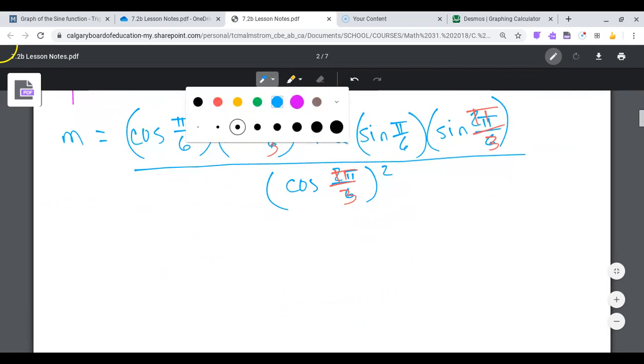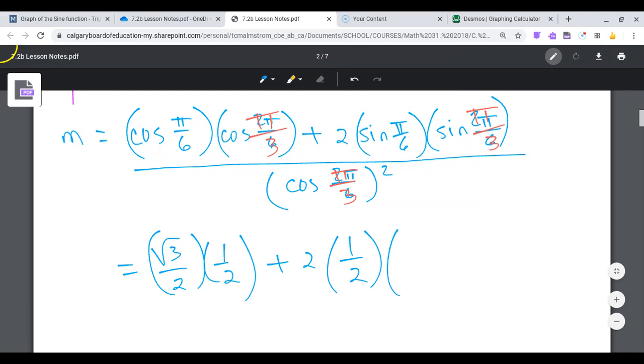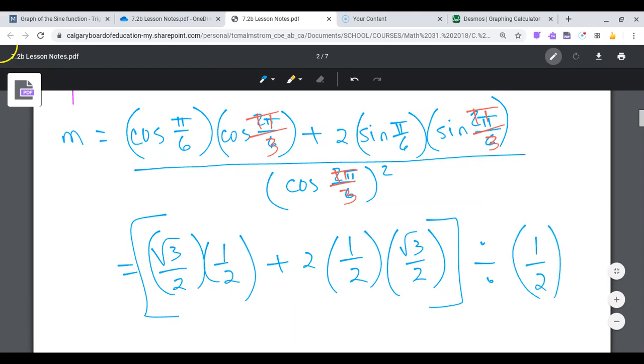Okay, so cos pi on 6 is the x, root 3 on 2, multiplied by cos pi on 3, also the x, but the x at pi on 3, which is 1/2, plus 2 times sine pi on 6 would be the y coordinate, so 1/2 at pi on 6. And then I need the y coordinate at pi on 3, which is root 3 on 2. And then all of that has to be divided by the bottom, which is cos pi on 3. So the x coordinate at pi on 3 is 1/2, and that has to be squared.